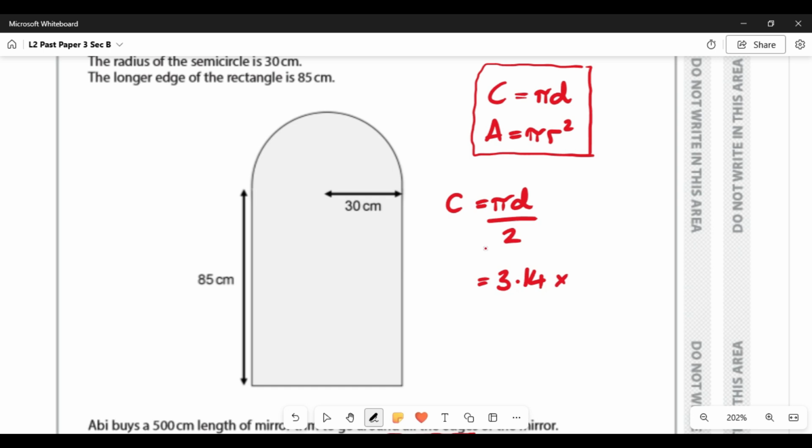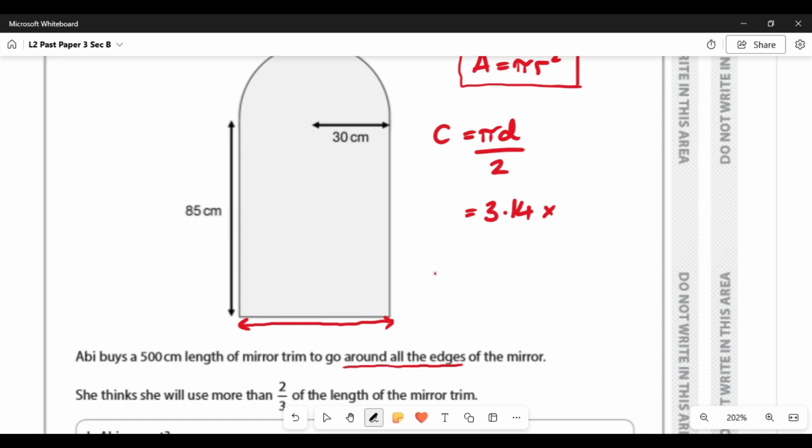D is your diameter. Well, if that's 30, that must be 60 all the way across. I'll put it here on the diagram as well, and I would recommend doing this in the real exam as well. Do draw on your diagram, do label things. That's 60 centimeters for that edge, which is the same as the diameter.